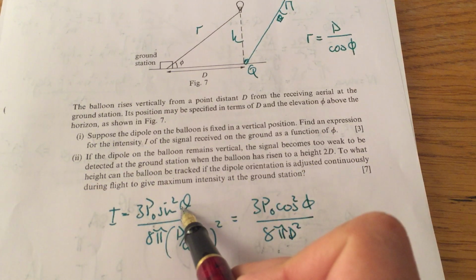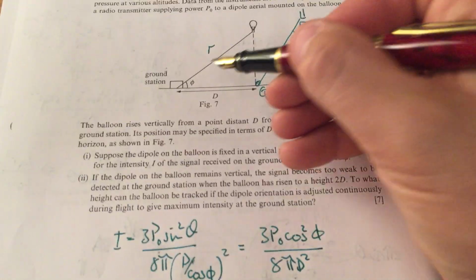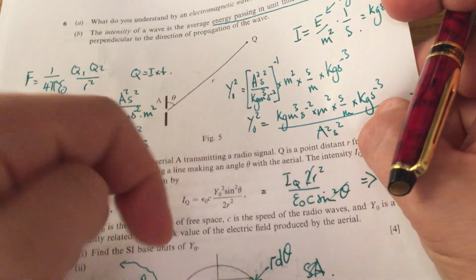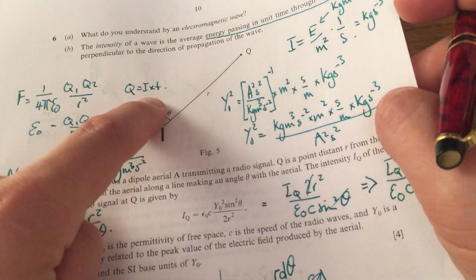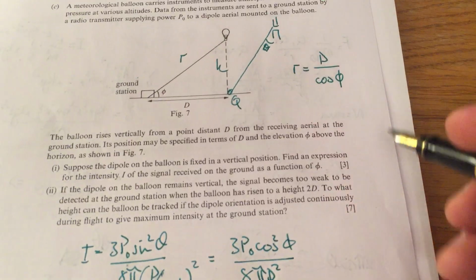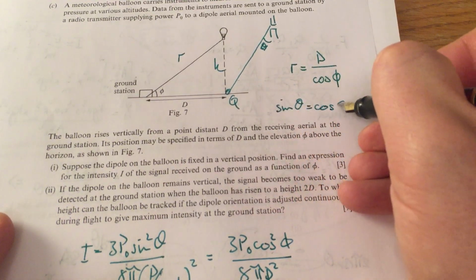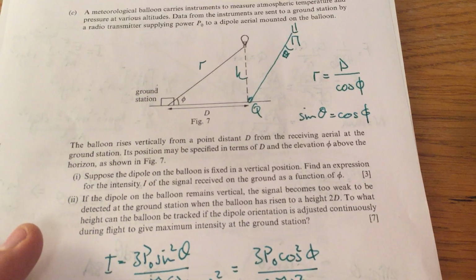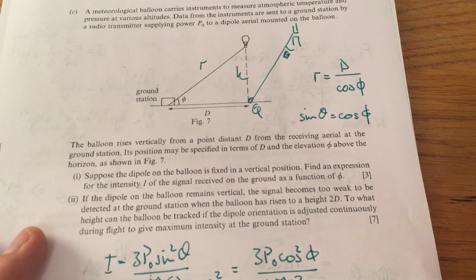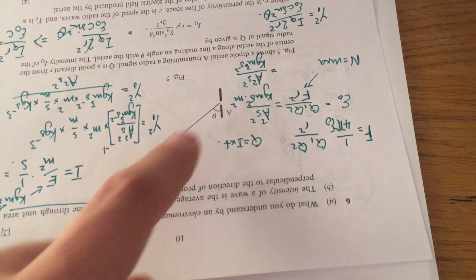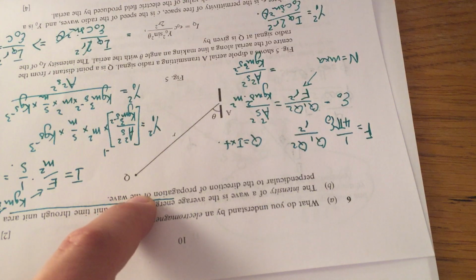This, however, here is exactly, because we've inverted it all the way around, the sine squared. You can effectively say that sine of theta is the same as cos of phi. Just make sure you get that bit. There is the antenna, this is the ground.